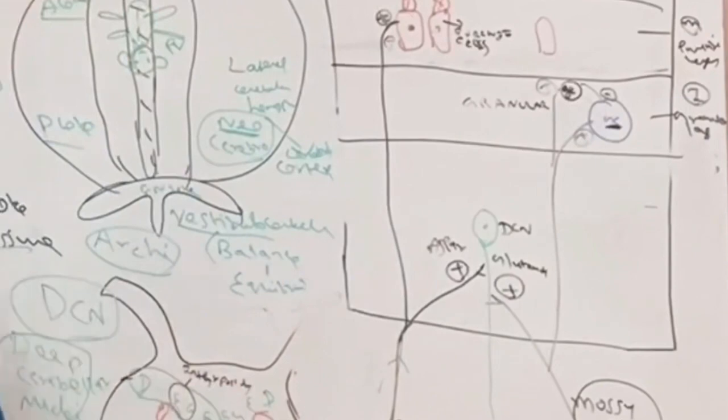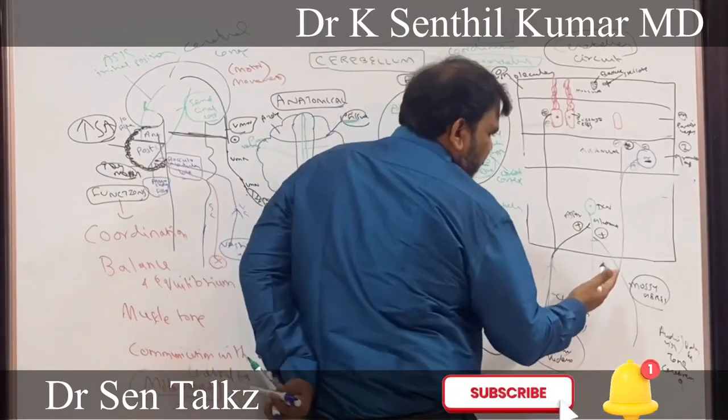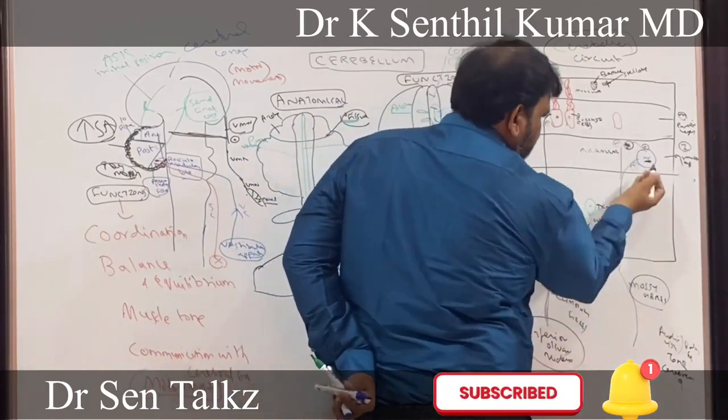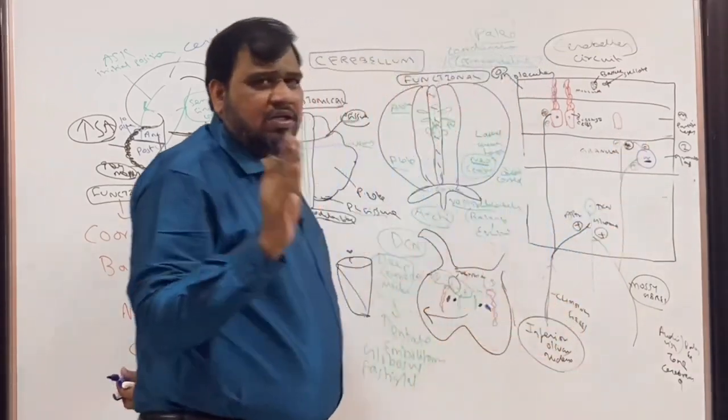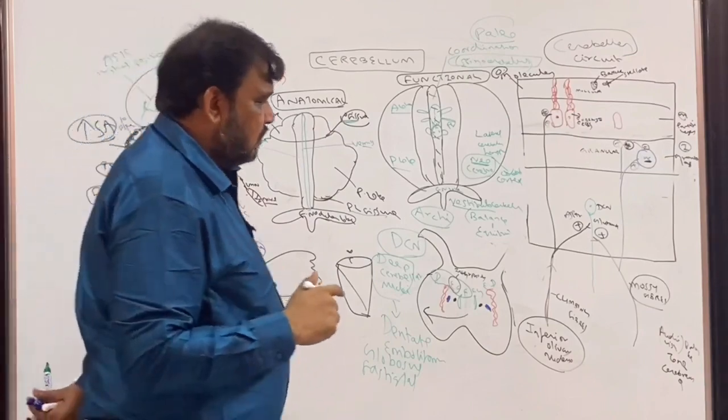Yeah, now again confusion. The mossy fibers, why they are called mossy, is like moss. It is not straightforward. It just goes here, gives here, and it is not 1:1. That's why it is called mossy fiber.